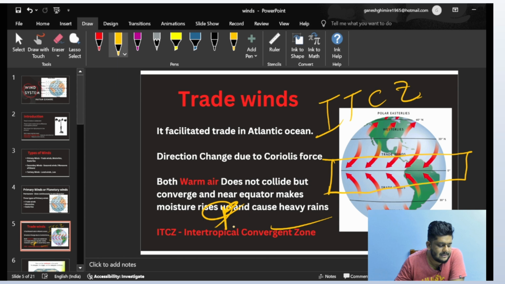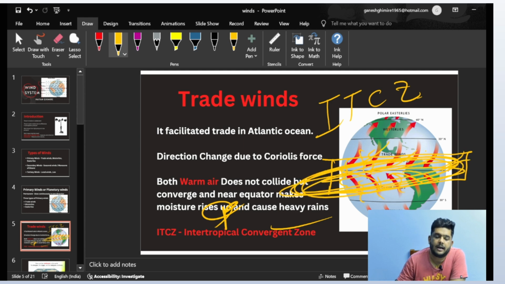What this means is Intertropical Convergence Zone. Basically, what happens in this area is that there is so much warm air rising, but this warm air does not collide with each other. Instead, it converges, and there is so much moisture in this area.